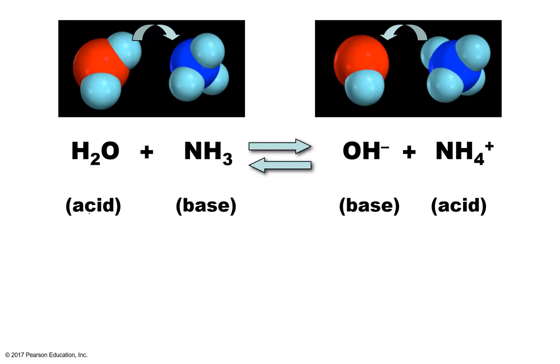And so for the left-hand side, water was the acid and ammonia was the base. For the right-hand side, the hydroxide ion, this thing here is hydroxide, was the base, and the ammonium was the acid. So it depends on which side of the equation you're looking at, which one you call the acid, which one you call the base.